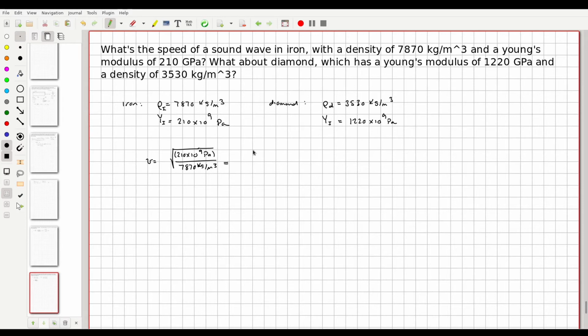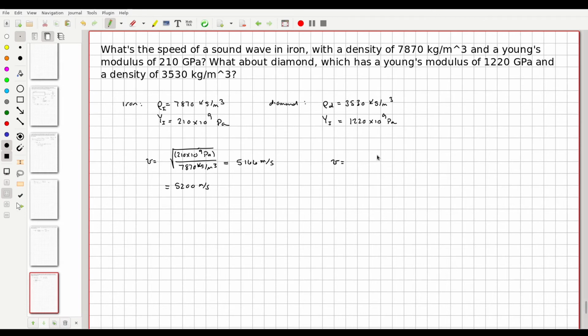Oops, that's a mistake. Oh, I did 2 square roots there. And then I'm going to divide that by 7870. I get a speed of sound of around 5,166 meters per second. 2 sig figs here, 3 sig figs here, so 2 at the end of the day. So about 5,200 meters per second.